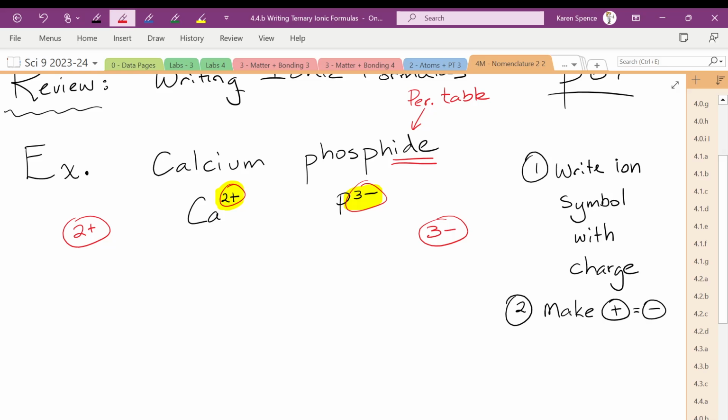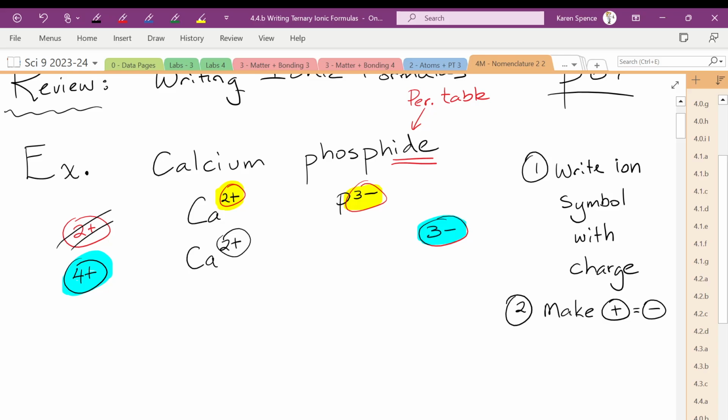We need more positives. So let's write another Ca 2 plus. Now, instead of having only 2 plus, what's our total positive now? It has become 4 plus. Is my total positive equal to my total negative?